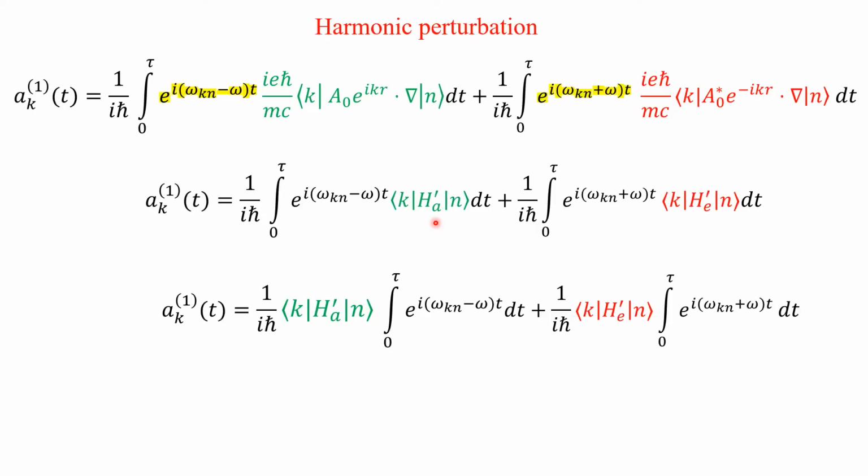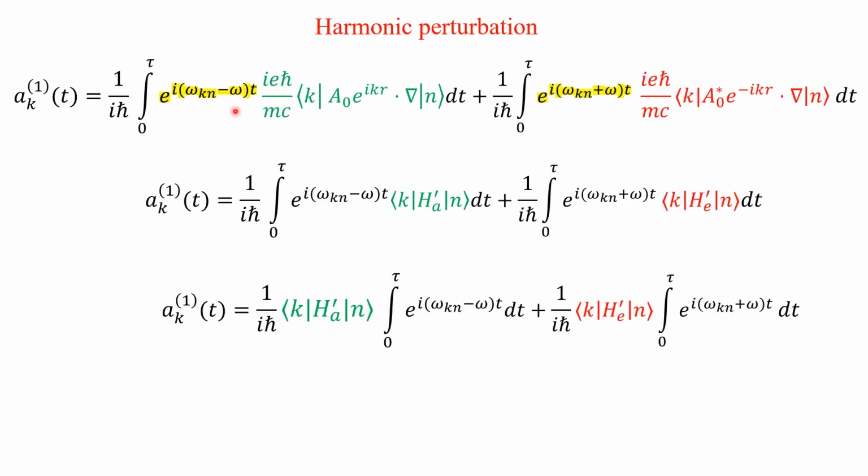Within a short period, you are going to understand why it is called absorption perturbation. Similarly, here you see the red color bond, which I am going to label as k H prime e n. This e represents the emission process. This also we will understand in a short period.